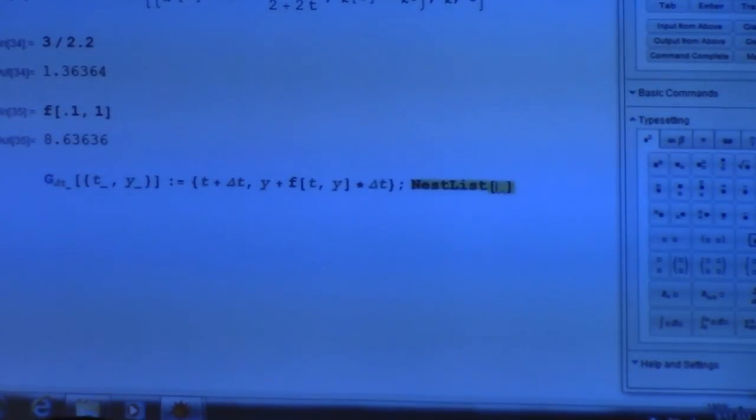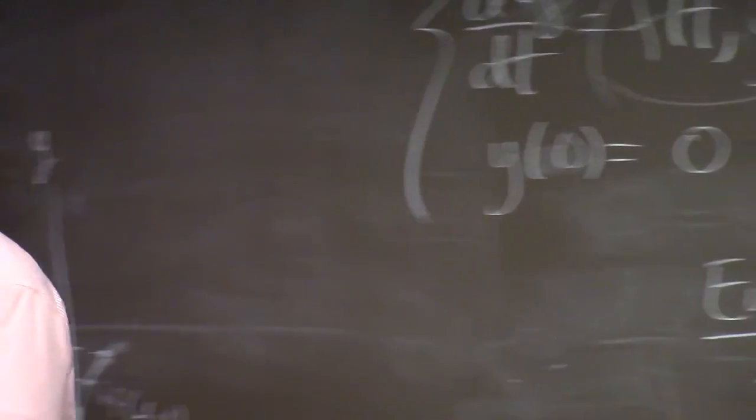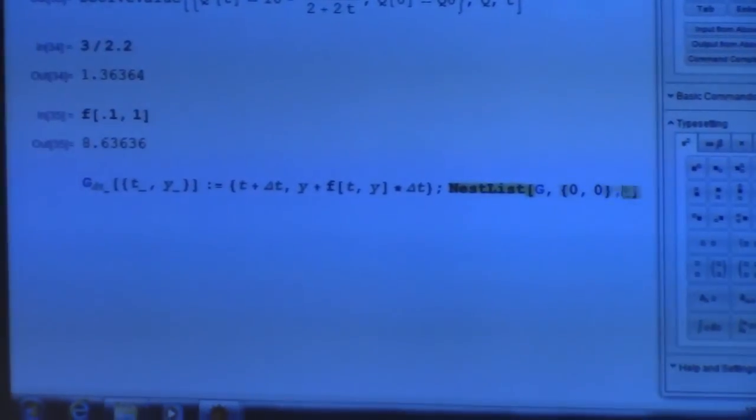I've got to put the g as the first argument. I want to put my initial point as the second argument, from the initial condition, t equals 0 and y equals 0. t will almost always be 0, but y will not necessarily be 0. It is for this example. So I put a 0, 0 inside curly braces next. And then the final thing is the number of iterates.